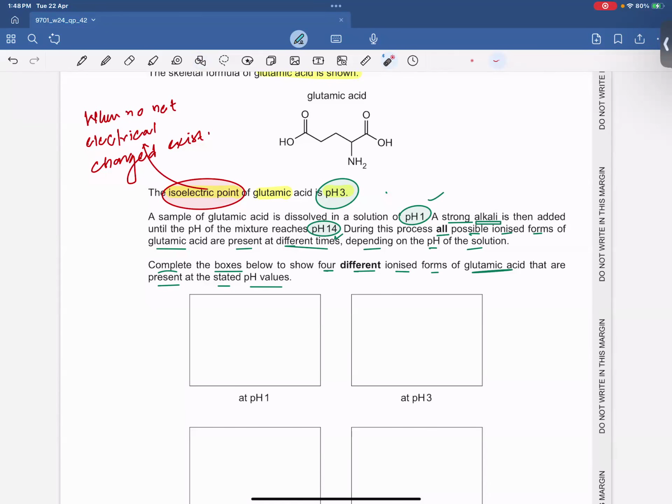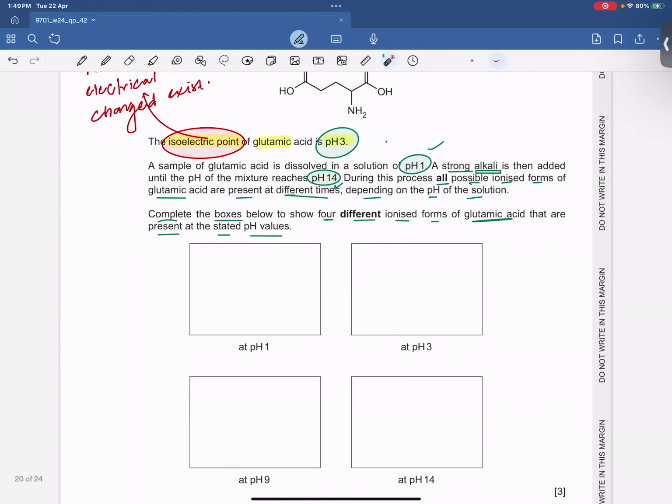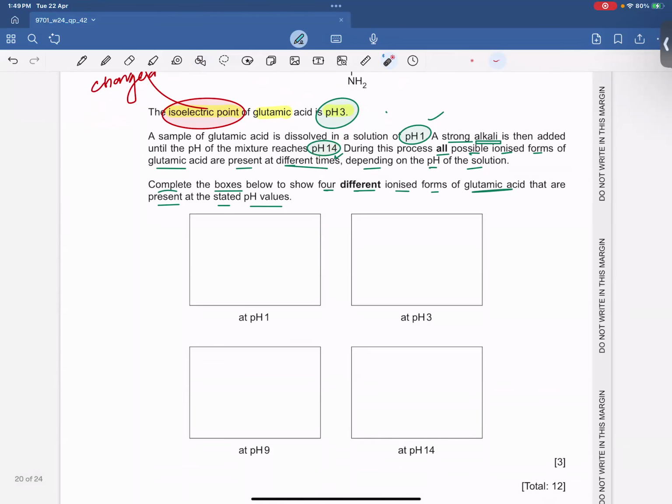So, if the isoelectric point value is low, if pH of buffer is greater than isoelectric point, then COOH gets deprotonated. So, oh my goodness, what will happen at pH 1?